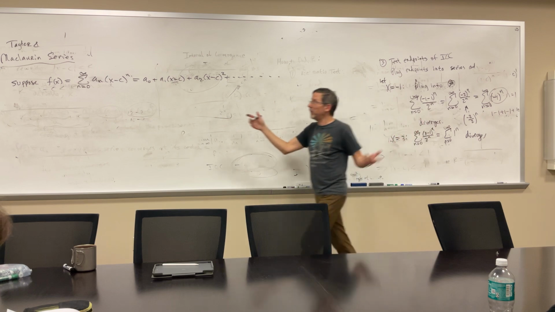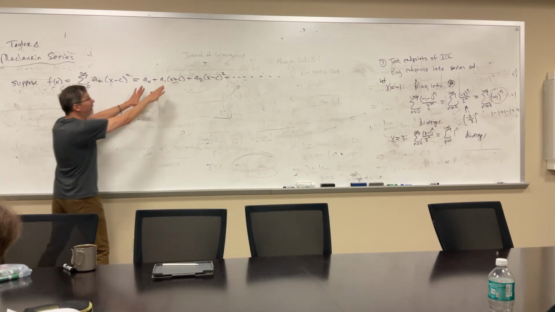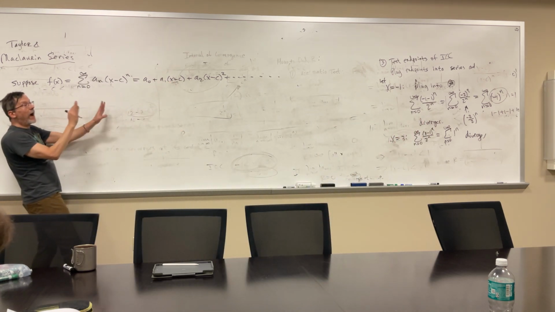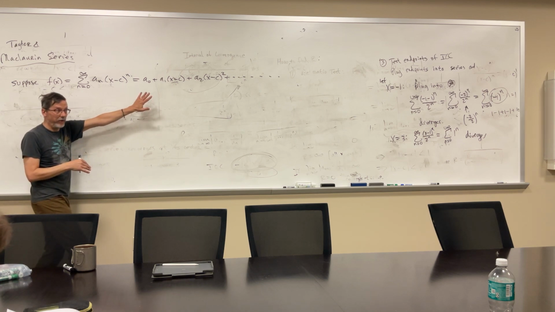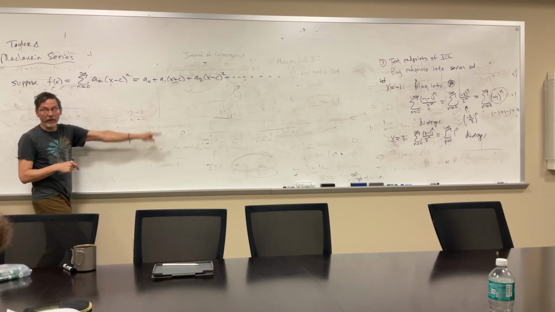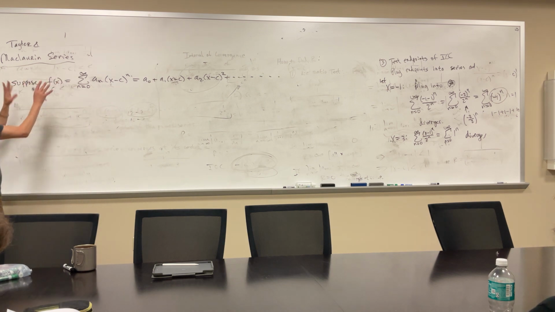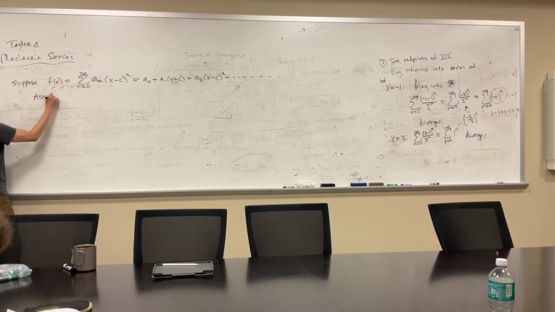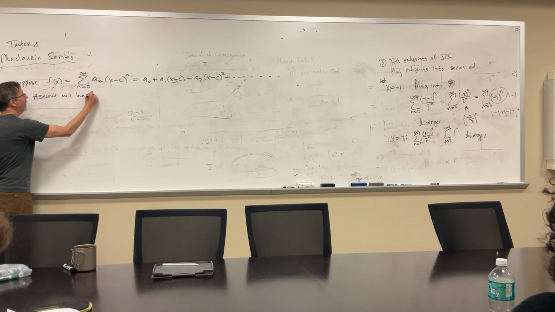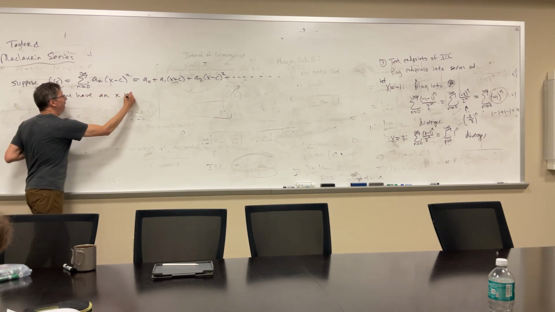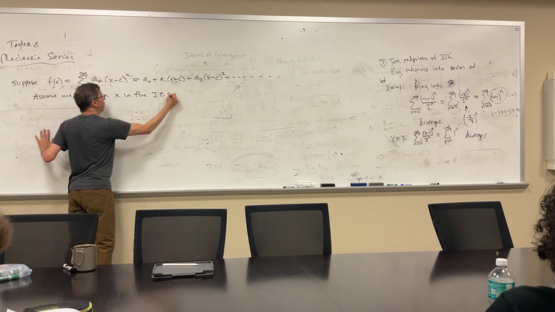You can see that as x changes, that value is going to change. We know how to figure out what x's are good. We just showed that process. So assume we got a good x. Assume we have an x in the interval of convergence.